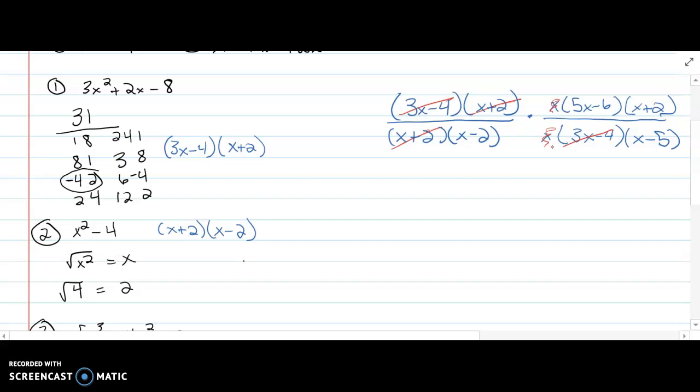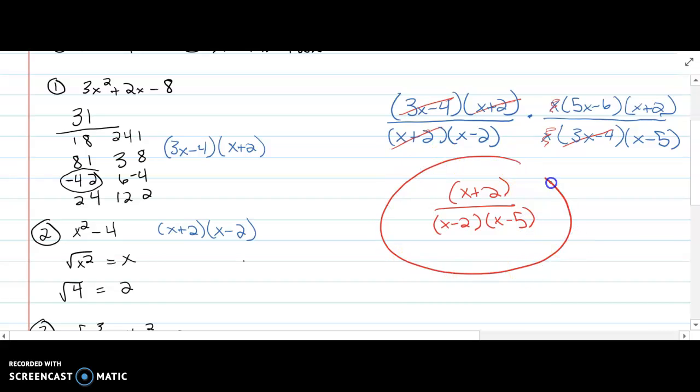And then that's it. So my final answer is x plus 2 over what's left, which is x minus 2, and then x minus 5. There is my answer. Okay, and then, so be very careful.